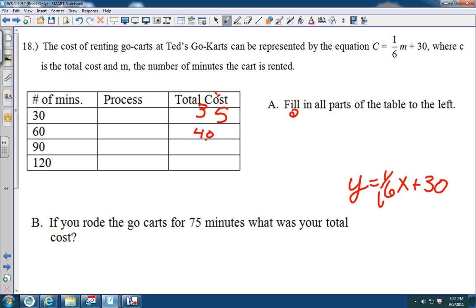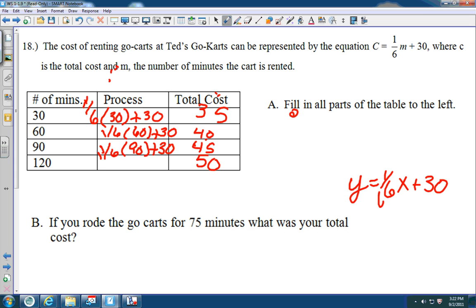And then when I have 90, that is 45. Sure enough, it's 45 and 50. So I've got 1/6 times 30 plus 30, 1/6 times 60 plus 30, 1/6 times 90 plus 30.